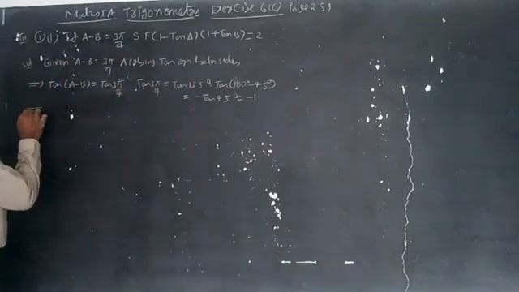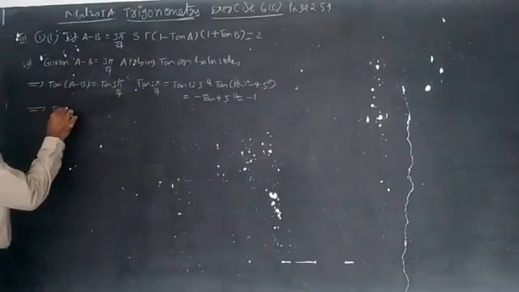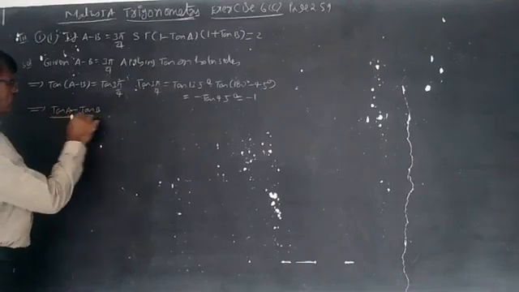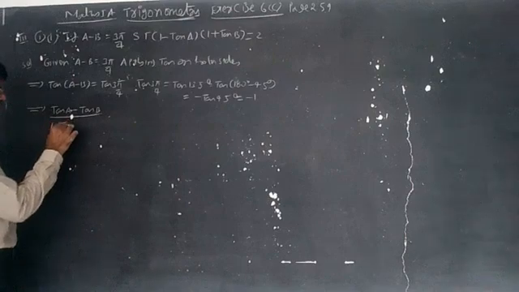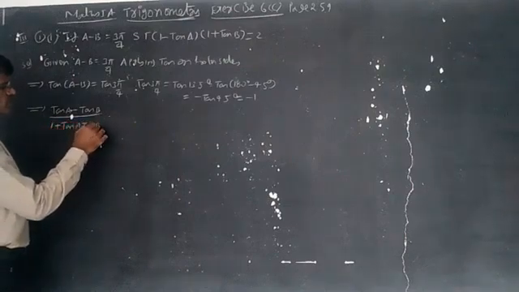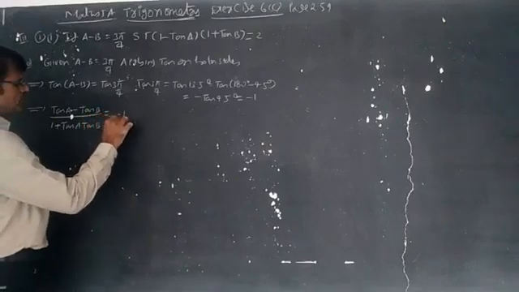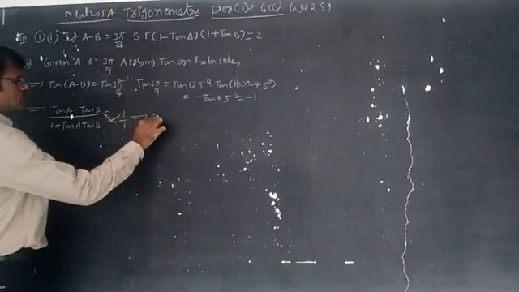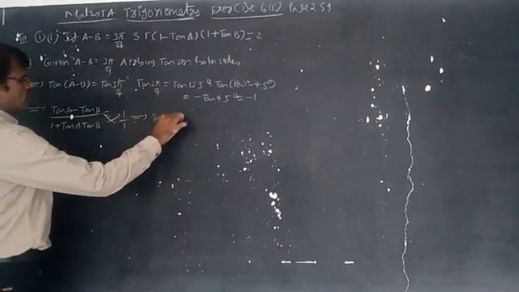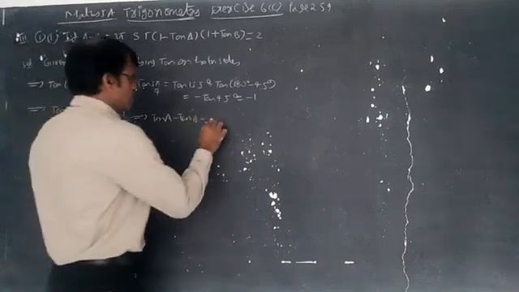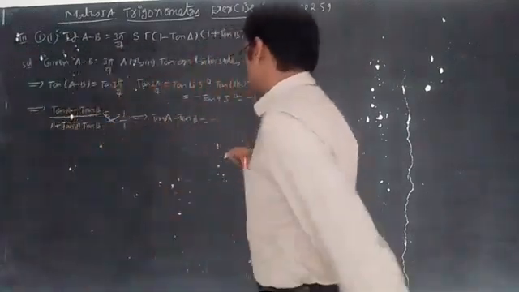That implies, by the tan of a minus b formula, tan a minus tan b by 1 plus tan a tan b is equal to minus 1 by 1, right? And taking cross multiplication, we can write tan a minus tan b is equal to minus 1 into 1 plus tan a tan b.